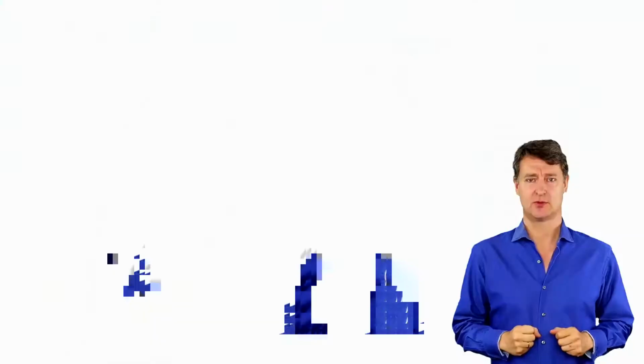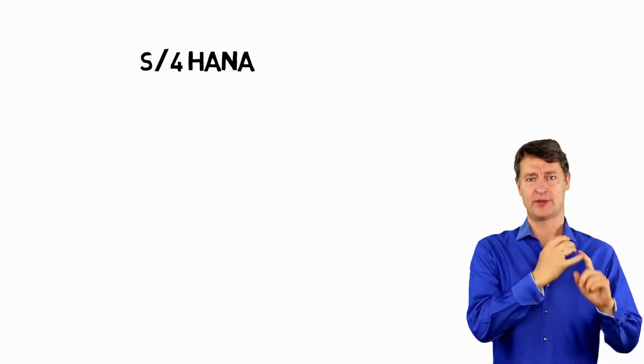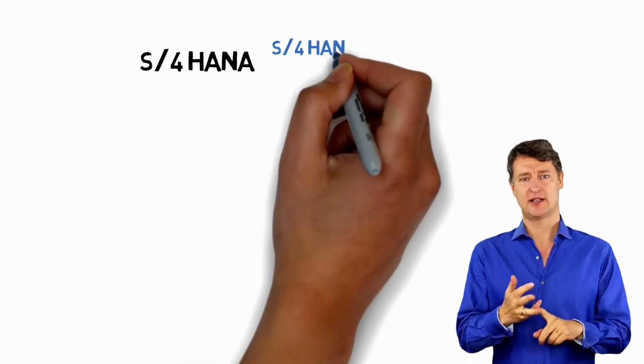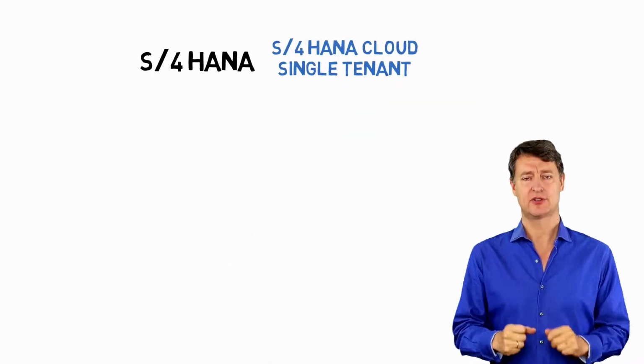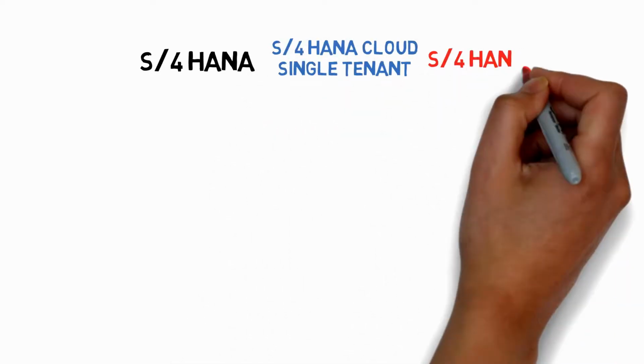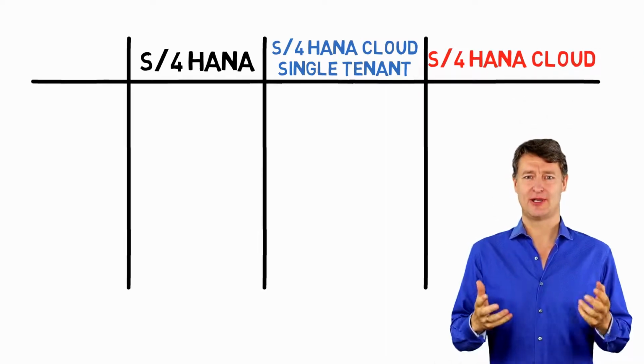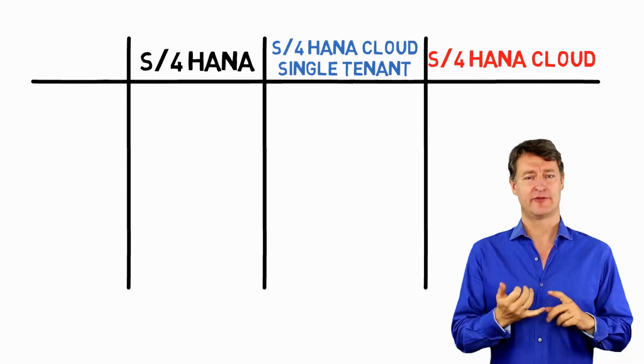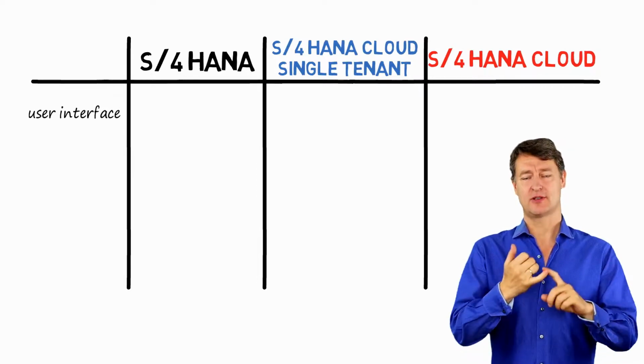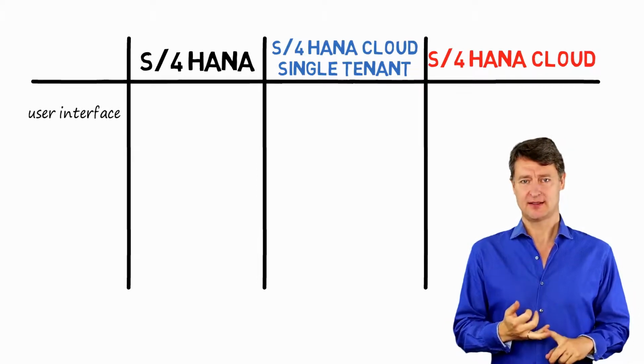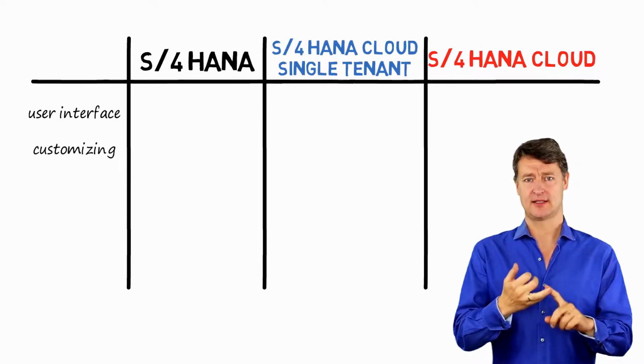What are the differences between those versions? Fundamentally, we have three versions. We have the S4HANA on-premise version, we have the S4HANA Cloud single-tenant version, and we have the S4HANA Cloud multi-tenant version. To compare those three versions, I will use four dimensions. The first dimension is the user interface dimension. The second dimension is the customizing dimension.